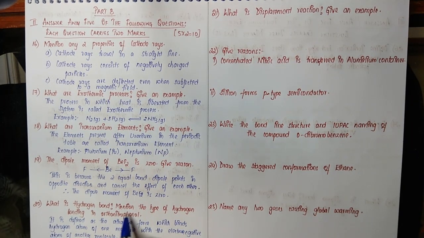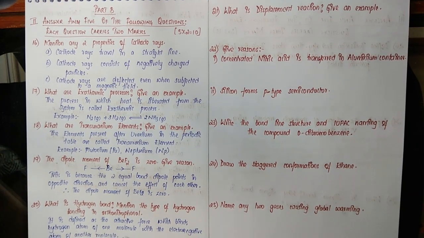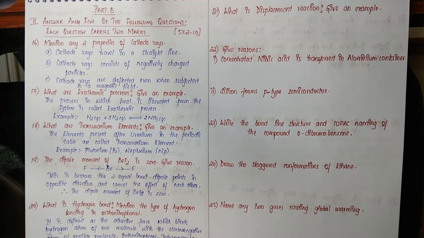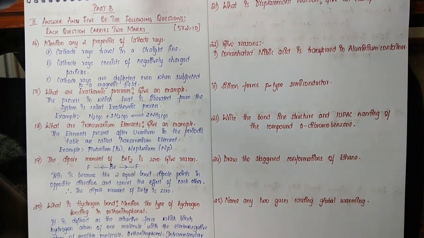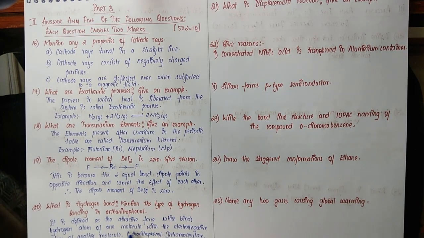Now the second question is, mention the type of hydrogen bonding in orthonitrophenol. In orthonitrophenol, the type of hydrogen bonding is intramolecular hydrogen bonding. And this is one of the classic examples that you have for hydrogen bonding in the chapter.